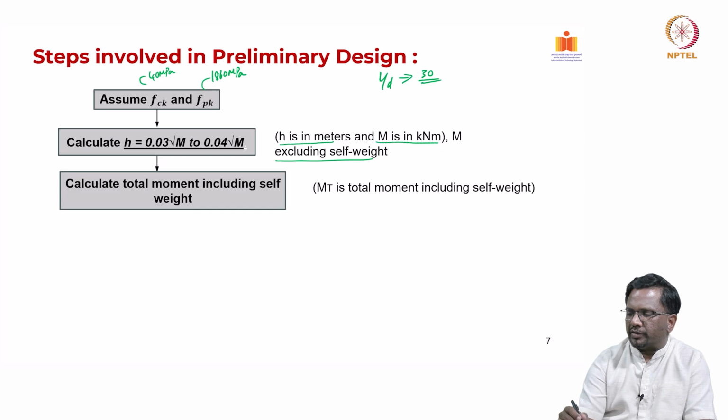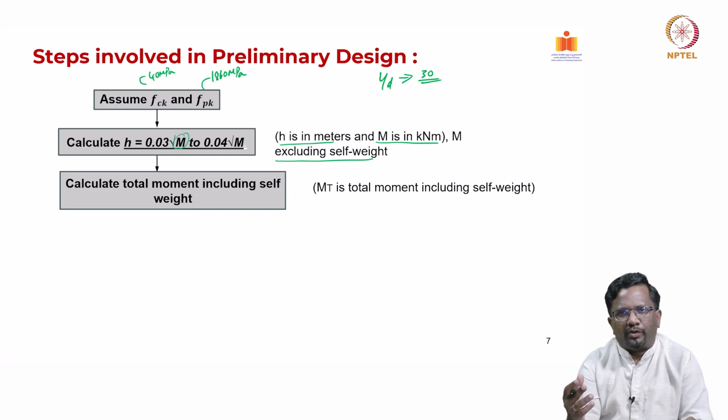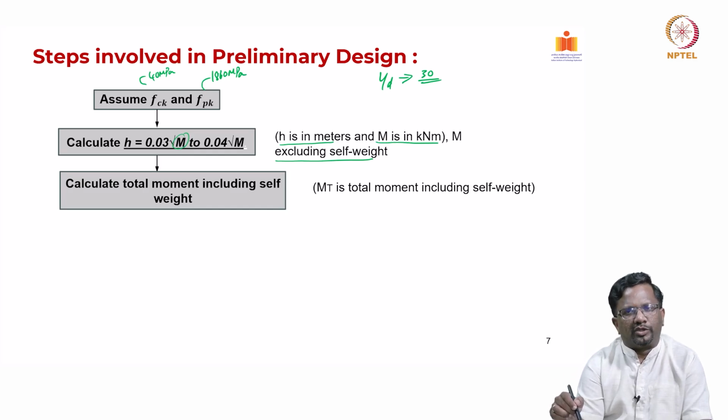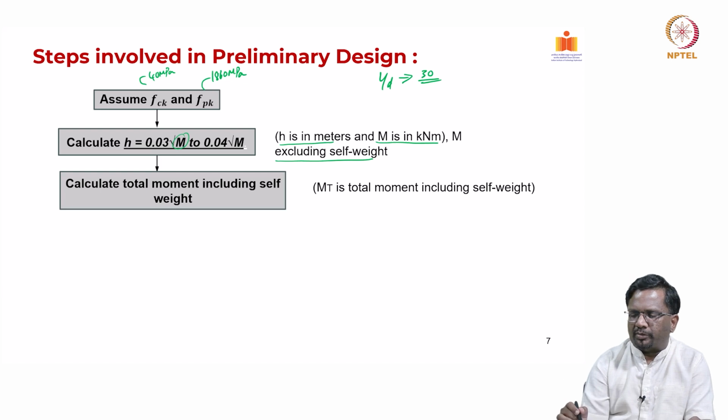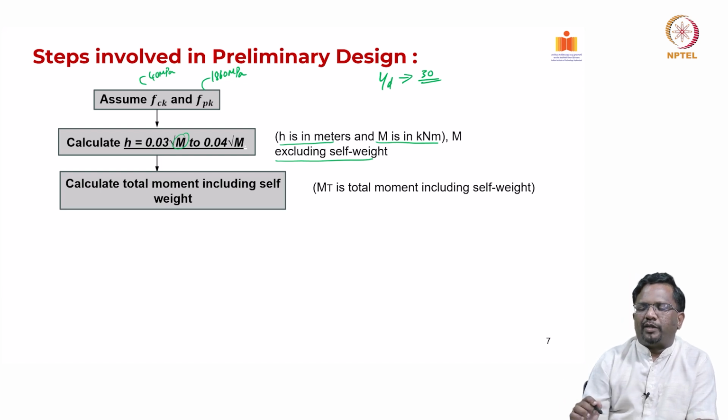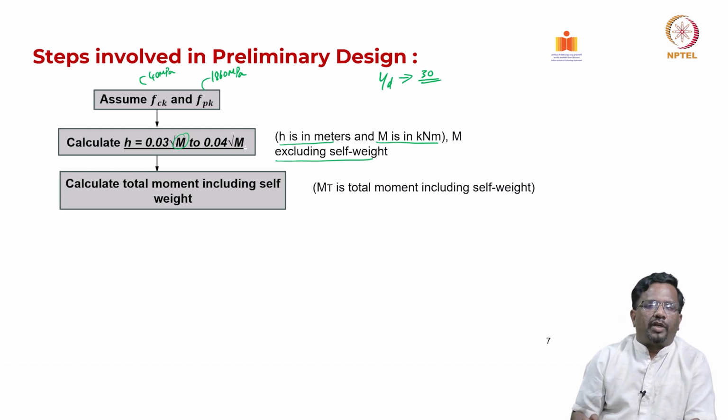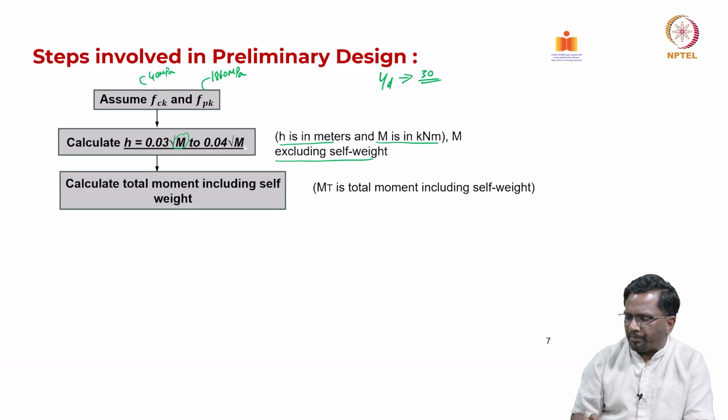This is a function of the loads, so we assume M. You know the kind of live load that are coming, what are the loads, so you know the span. So, by assuming some member dimensions in a structural analysis, you can come up with M and then recheck what your h should be.